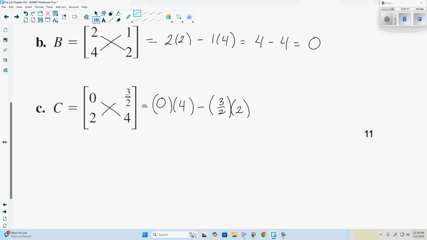And luckily this one's still pretty nice to solve because 0 times 4 is 0. 3/2 times 2 is 3, because 2 times 3 is 6, and 6 over 2 is 3. 0 minus 3 is negative 3. So the value of the determinant can be positive, negative, or 0.